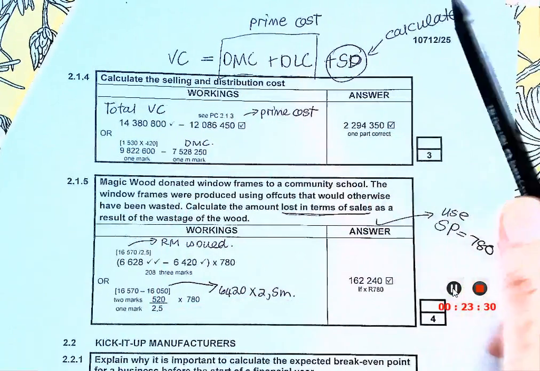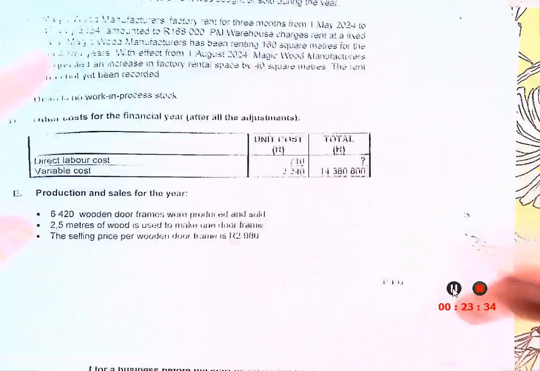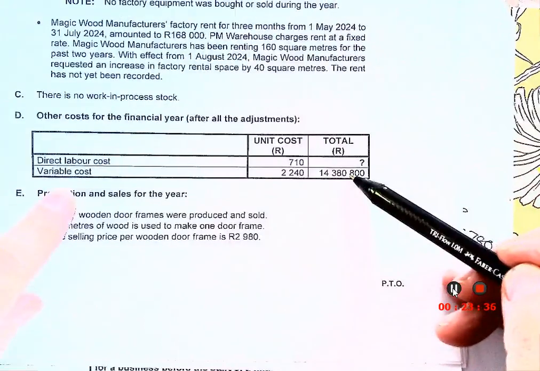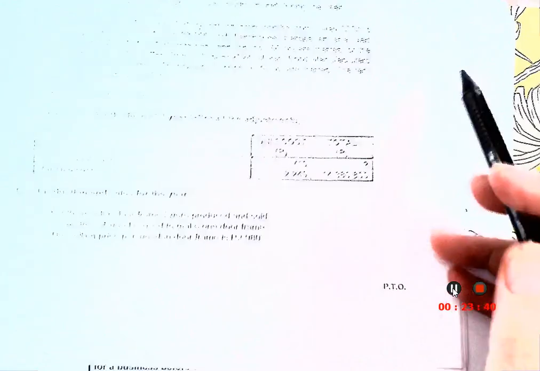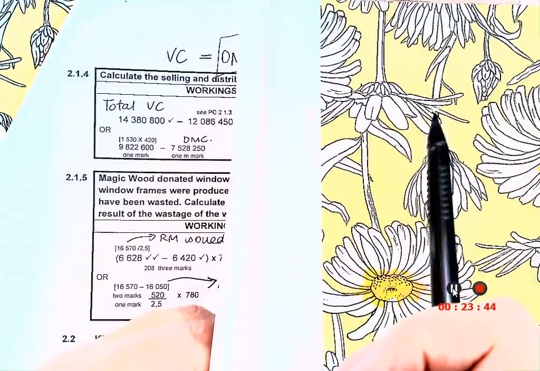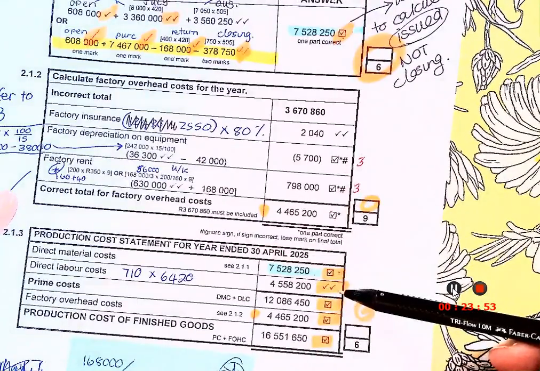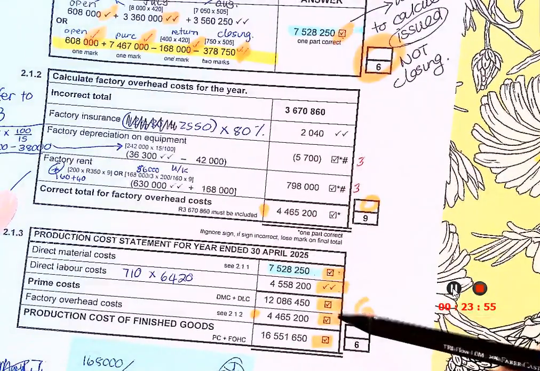So what do we have? We have our total variable cost. We set up the production cost statement. Can you see I've got the direct labor, I've got the direct material, I've got the prime cost.